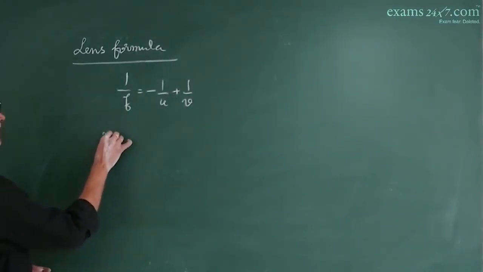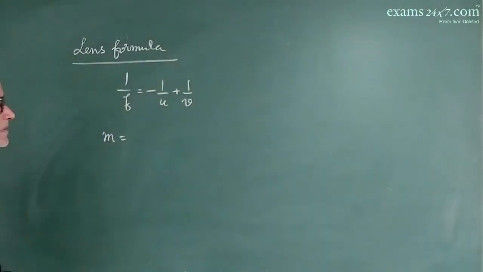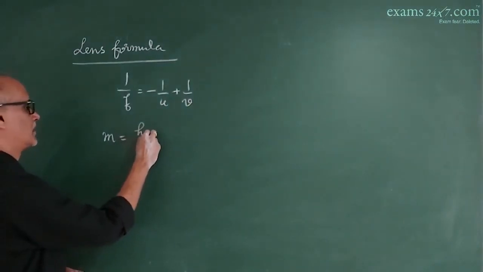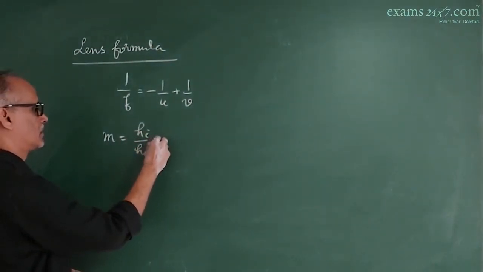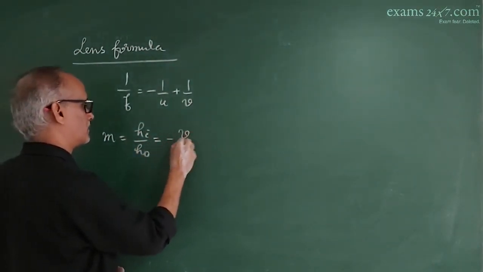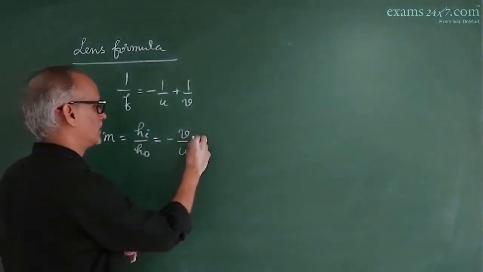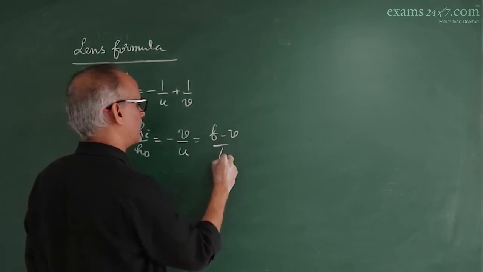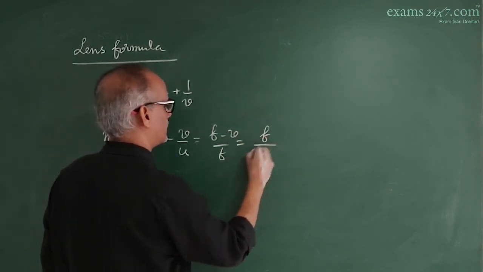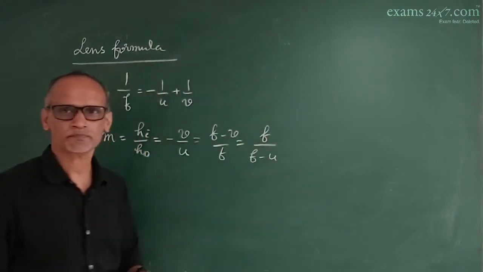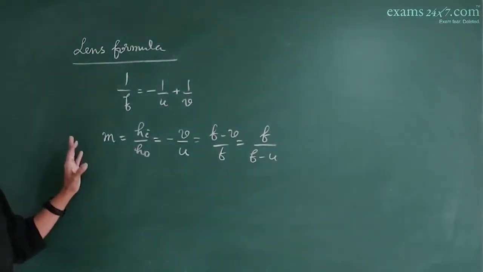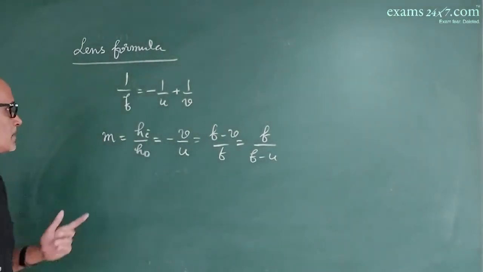And the linear magnification is given by hi by ho, and minus v by u. What I am writing right now is that of the mirror, minus v by u, that's equal to f minus v by f and then f by f minus u. This is the equation related to the mirror.